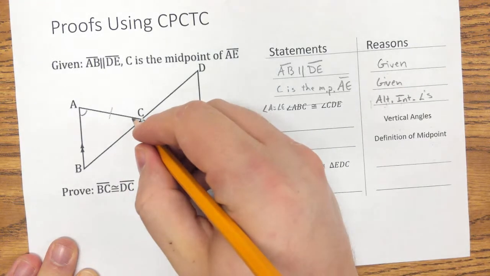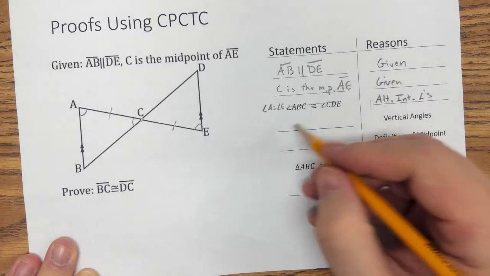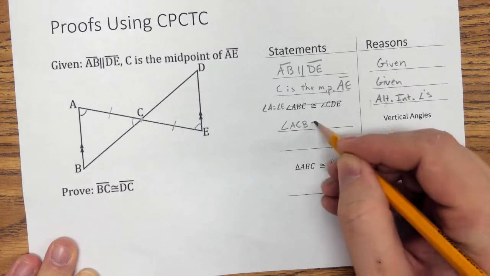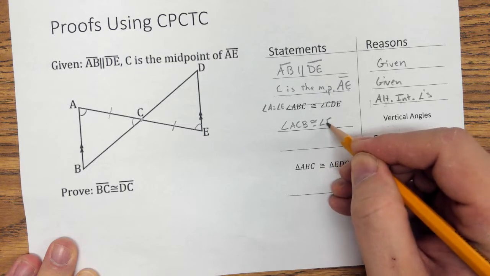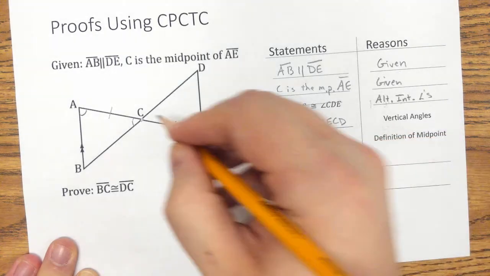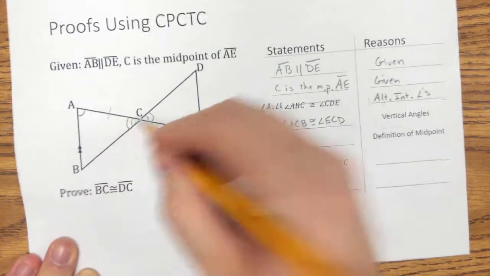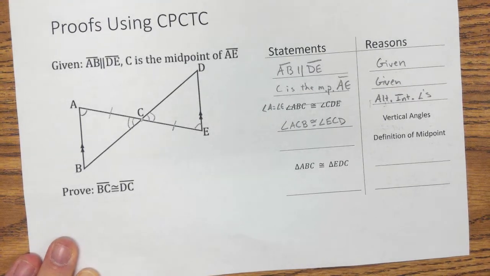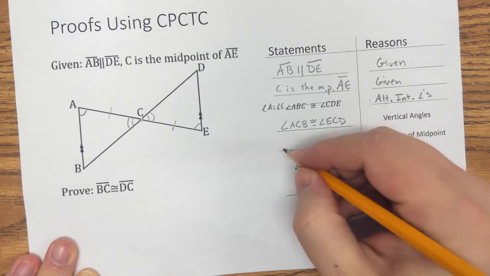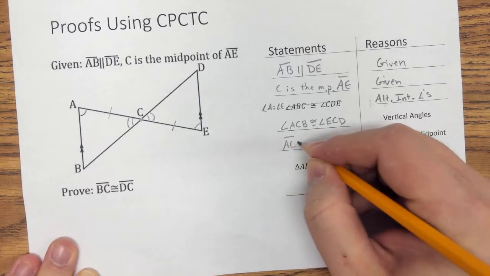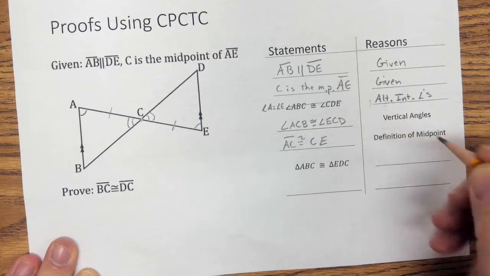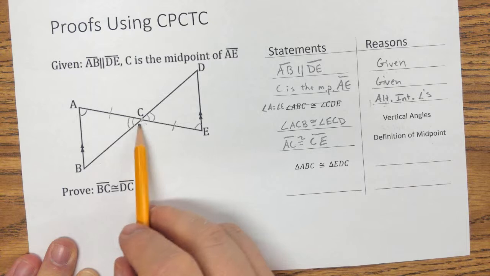Then I know that angle ACB is congruent to angle ECD by vertical angles. Okay. And I know that AC is congruent to CE because C is the midpoint.